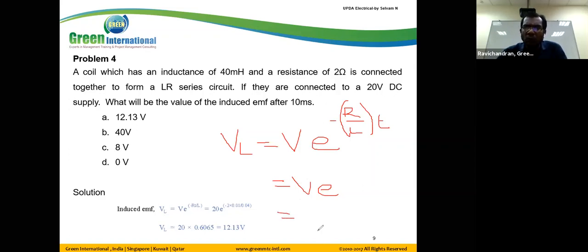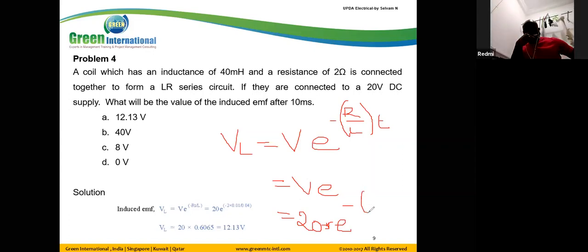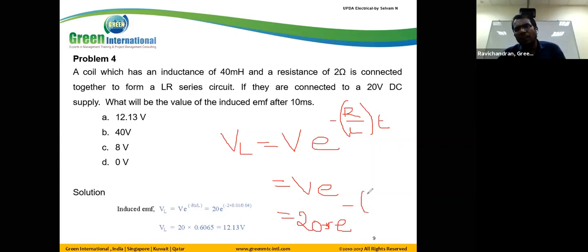So V is equal to 20 volts, 20 into e to the power of minus, R by L is R, we get 2, L we get 40 into 10 power minus 3, into 10 milliseconds, 0.001. This is the VL.